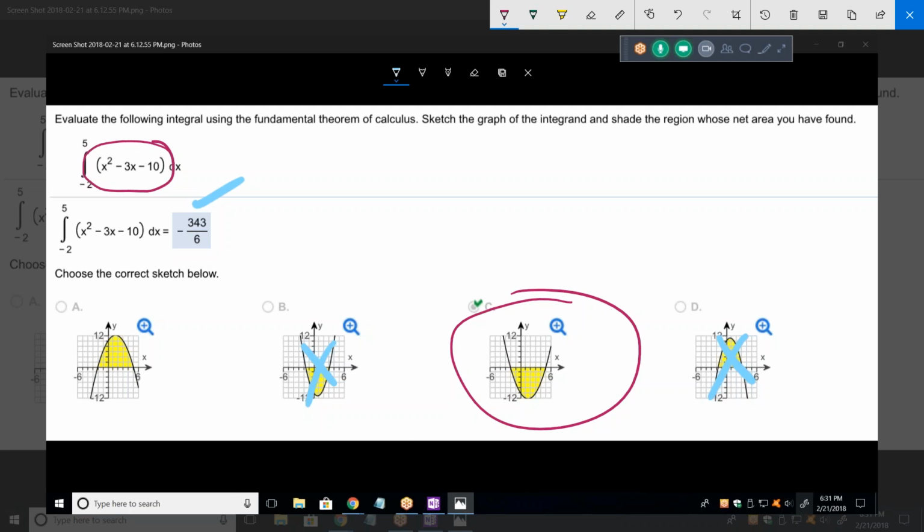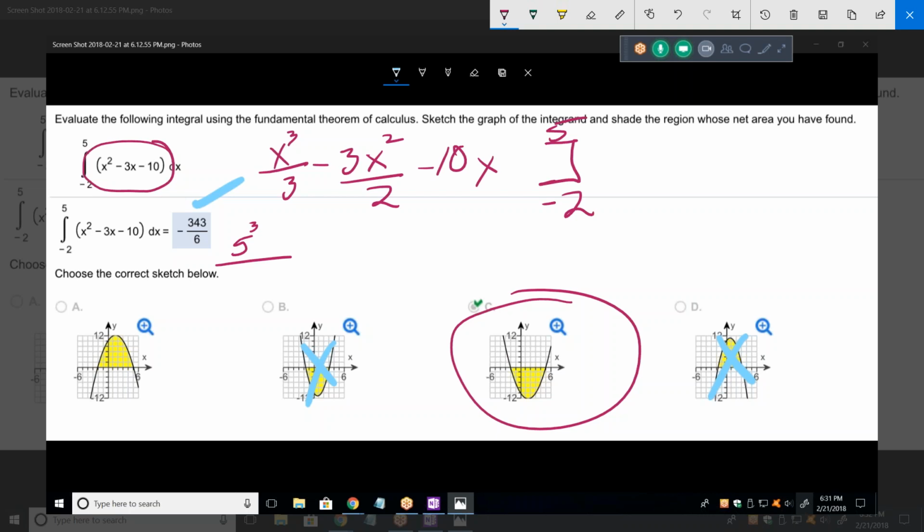In terms of coming up with the number, since that's part of the problem, let's do it. So it's x cubed over 3 minus 3x squared over 2 minus 10x, evaluating from -2 to 5. So let me do it down here. I really think that it's worth just plugging everything in and not doing any math at all the first go around.